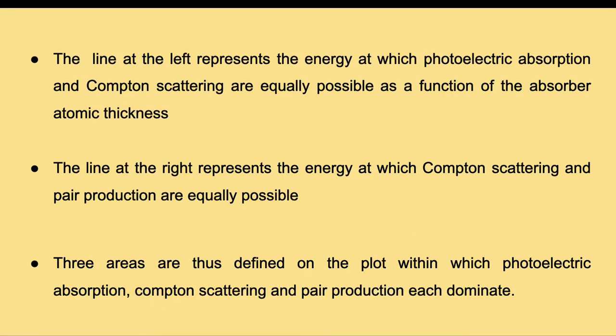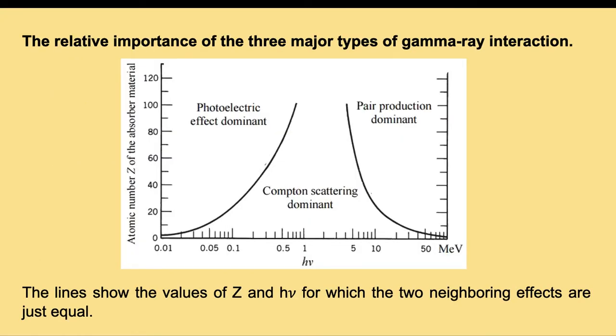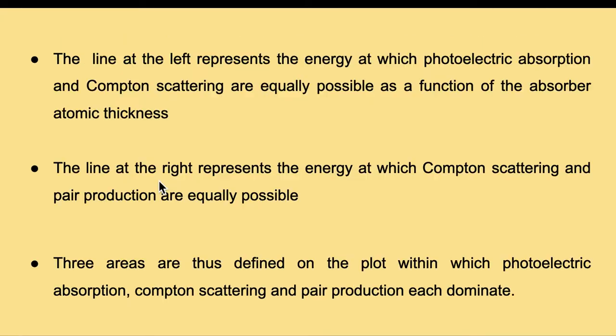The line at the left represents the energy at which photoelectric absorption and Compton scattering are equally possible as a function of the atomic number Z of the absorber.